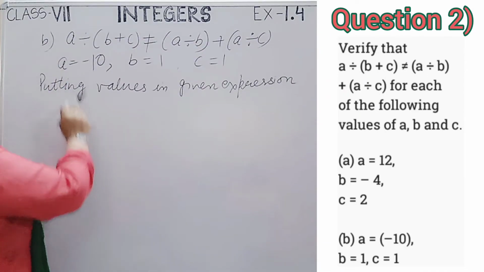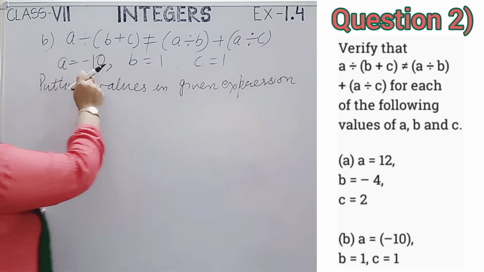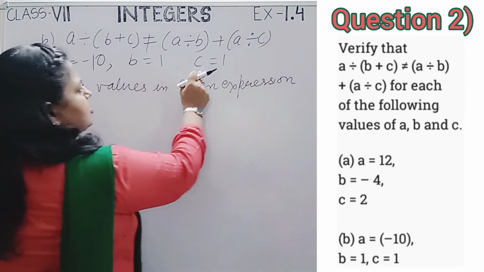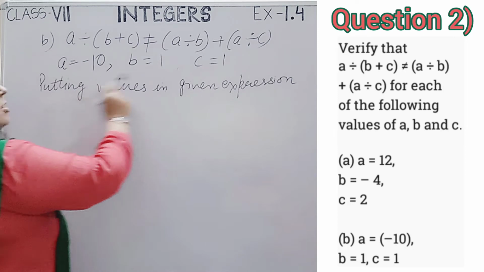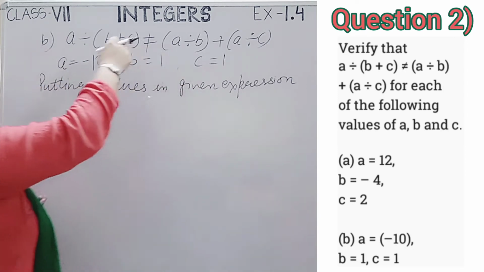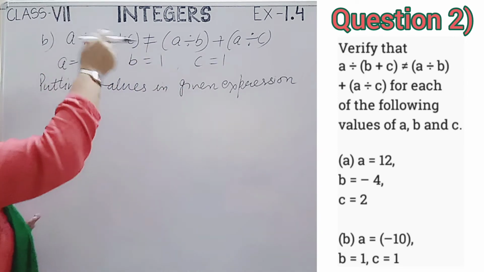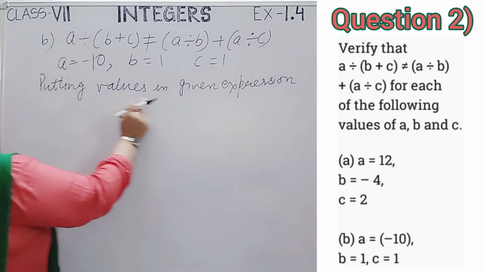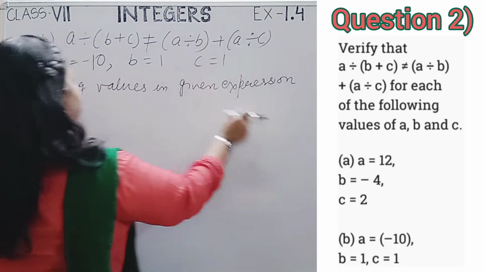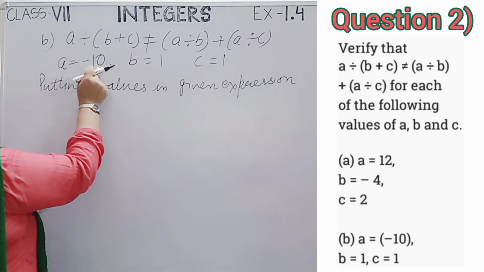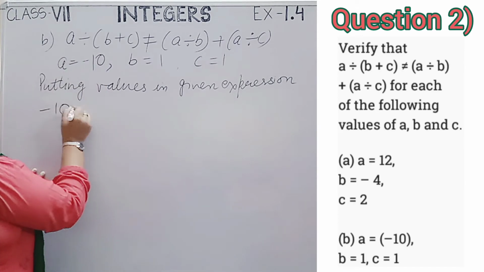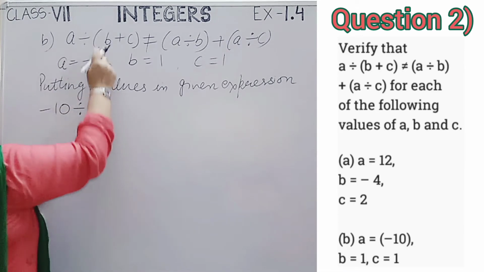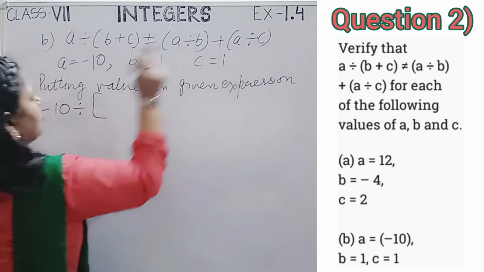Part B. And in this part we have A equal to minus 10, B equal to 1 and C equal to 1. So we will follow the same step which we had followed in A part. So putting values in this given expression. So here A is minus 10 divided by B plus C, B is 1, C is 1.